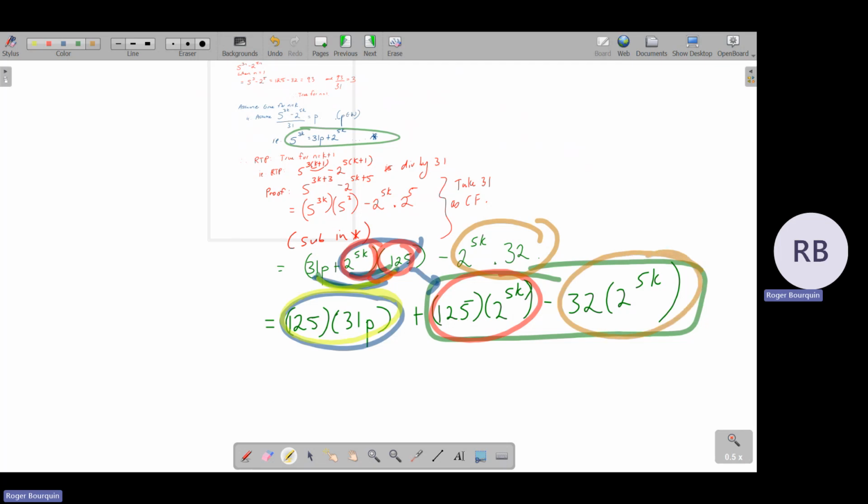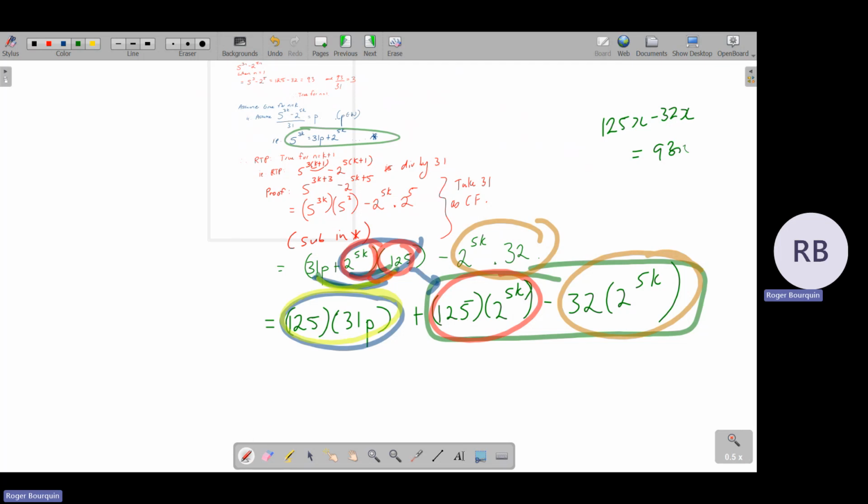So if you had 125x minus 32x, what would you have? You'd have 93x. So 125 lots of 2 to the 5k minus 32 lots of 2 to the 5k is how many 2 to the 5k? 93.